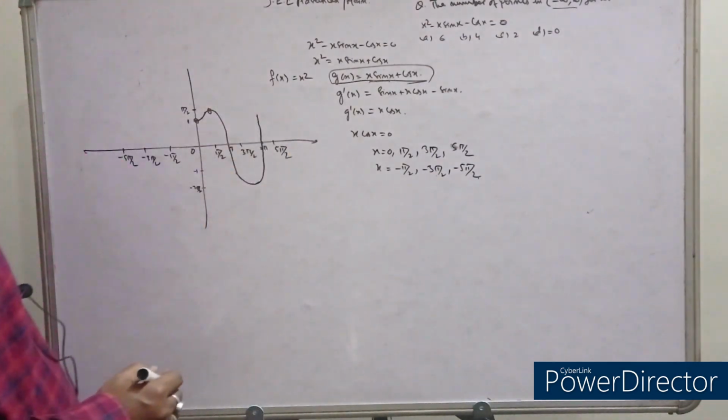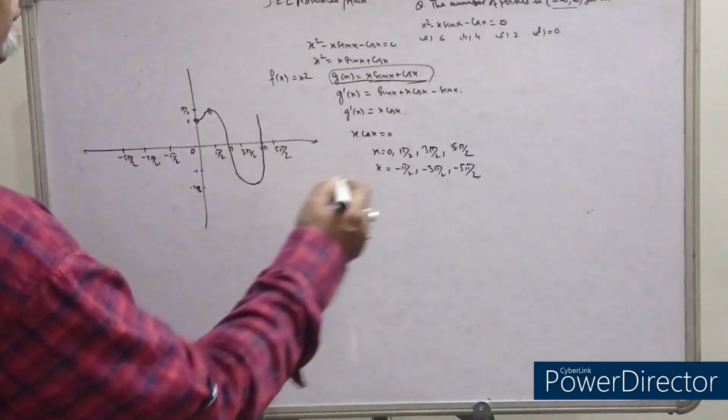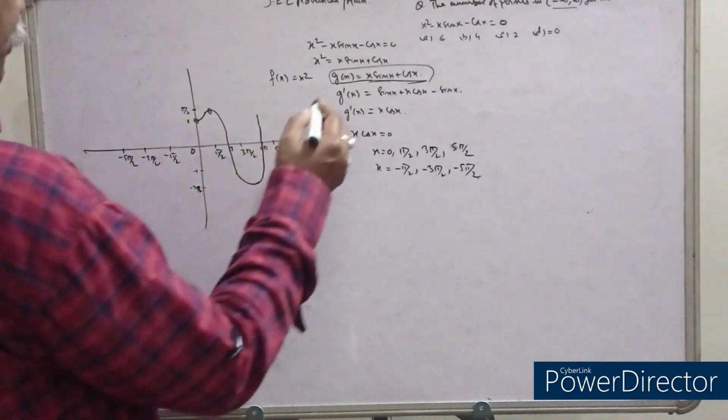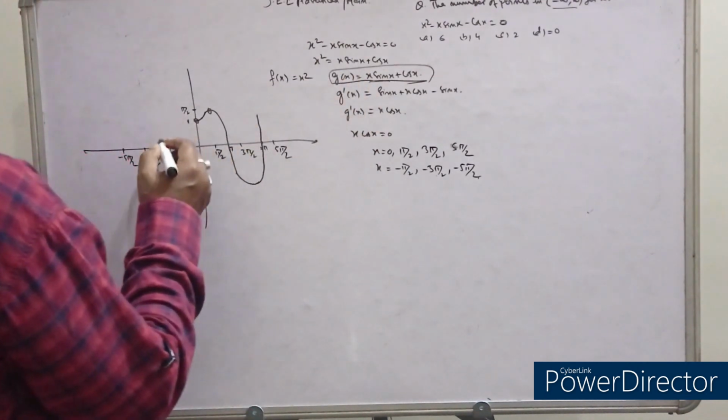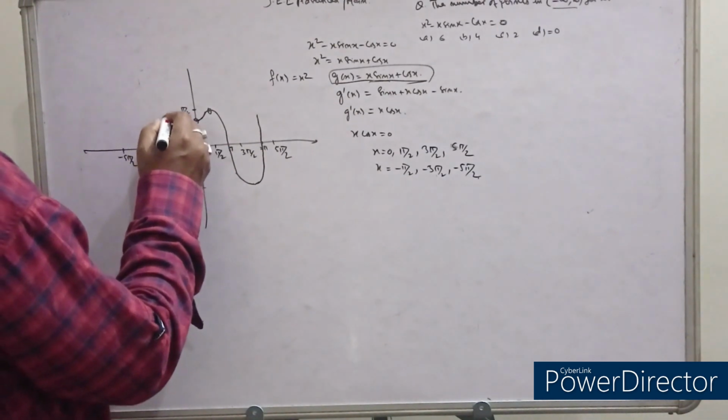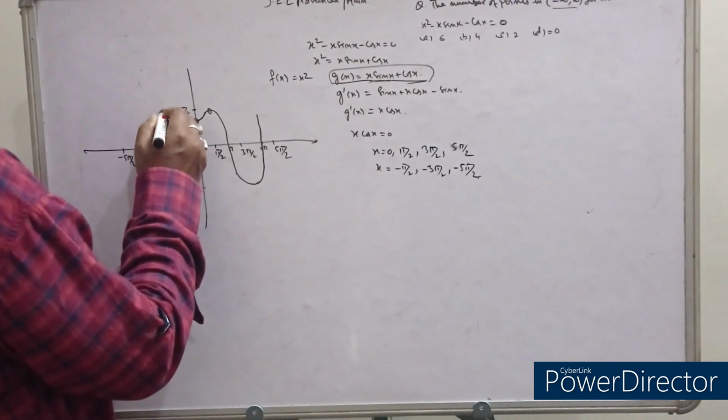And similarly for minus pi by 2, it will be positive, somewhere here.